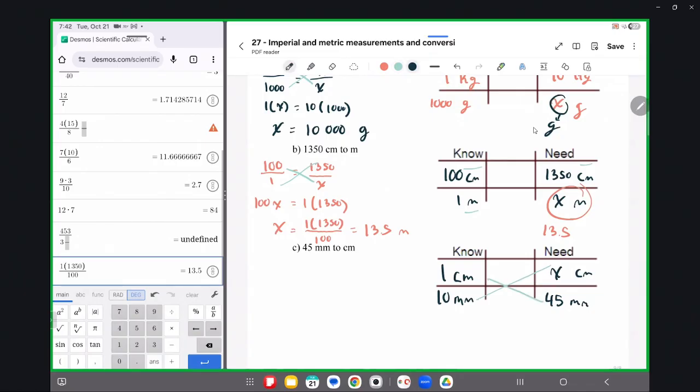Setting up our ratio, we have 1 over 10 is equal to x over 45. Multiplying this out, we end up with 1 times 45 is equal to 10x. So x will be equal to 1 times 45 over 10, which is going to give us 4.5 centimeters.